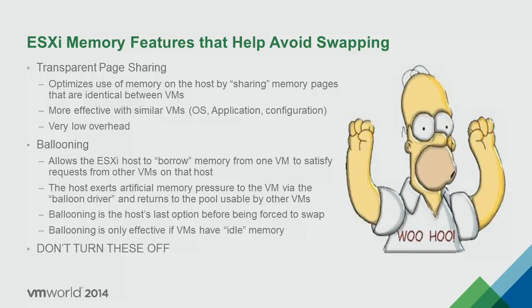Ballooning, the way that works is there's a driver inside the OS, and let's say you're only using 50% of the memory available. That driver will inflate and return that other 50% back to other workloads that need it, again, to prevent the host from swapping. So always leave these on. And if you're not overcommitted in the first place, which is one of our main recommendations, you won't ever see ballooning anyway.